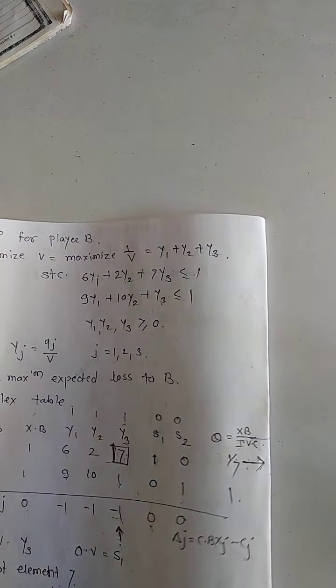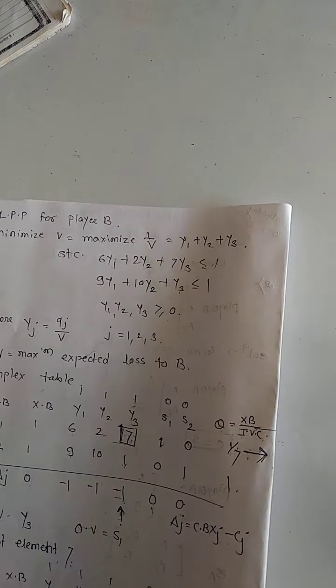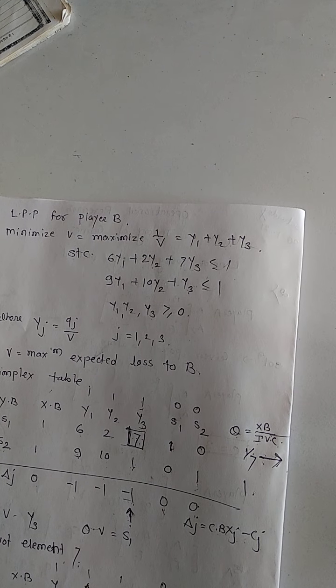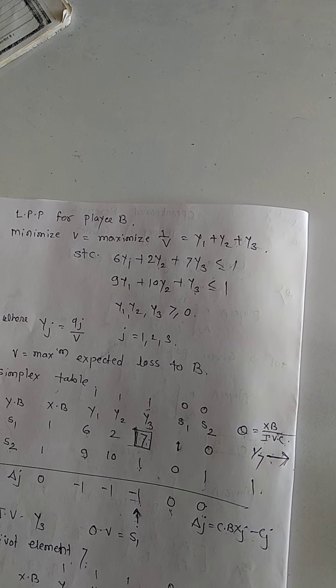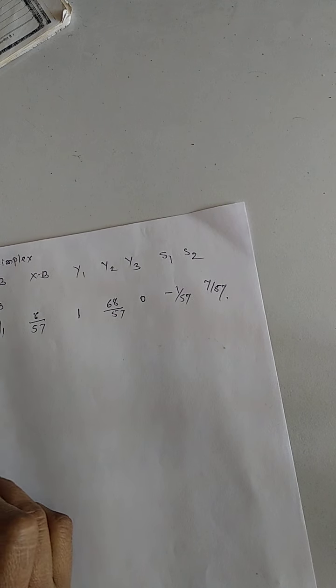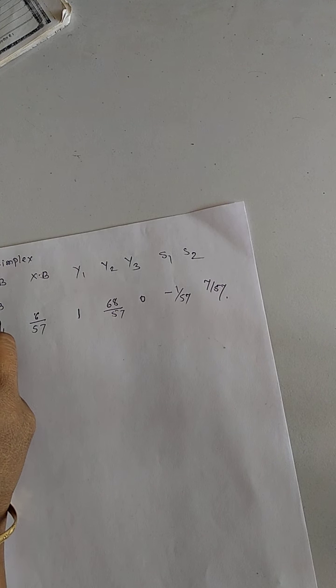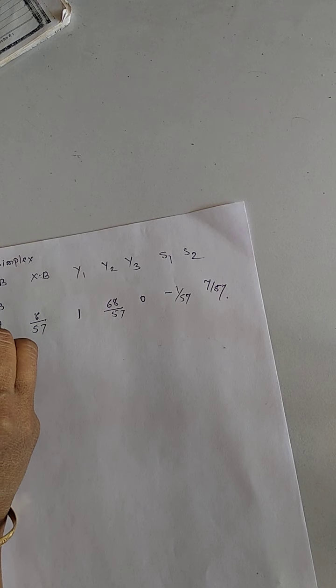Therefore, we use operation R1 minus 6 by 7 R2 new. Means here use operation R1 minus 6 by 7 R2 new.